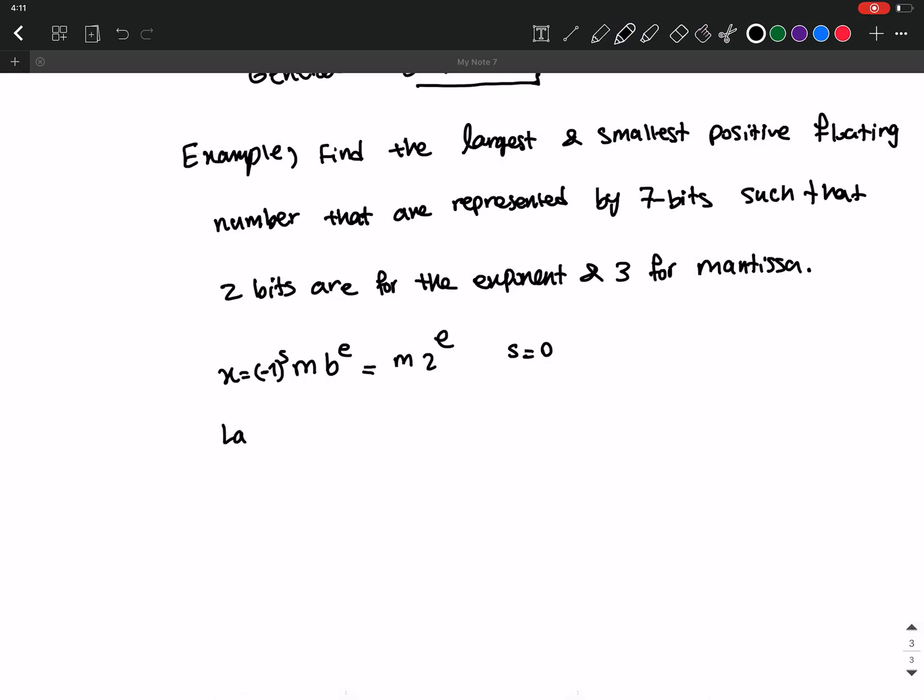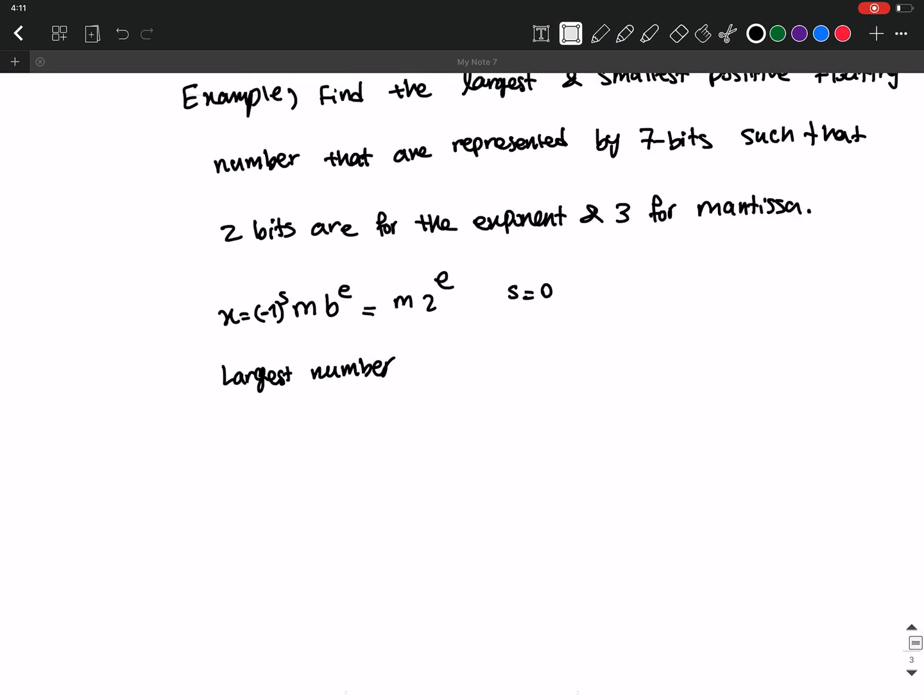Okay, so let's first find the largest. So the largest number, let me draw this.